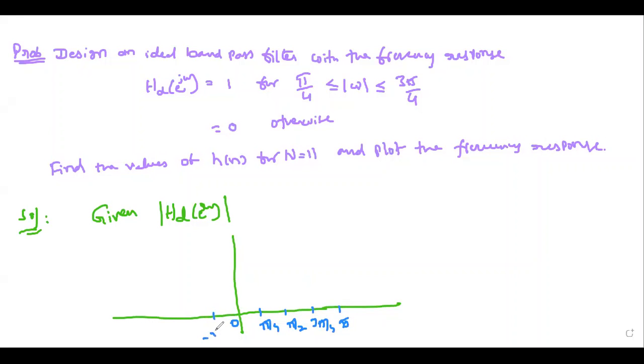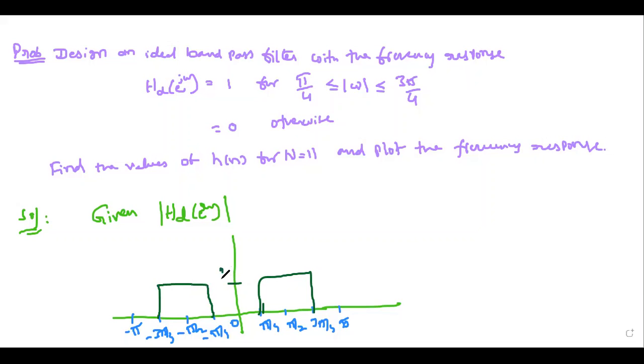And this side also it is minus pi by 4, minus pi by 2, minus 3 pi by 4 and minus pi. And this is equal to 1 during pi by 4 to 3 pi by 4, and in a similar way minus 3 pi by 4 to minus pi by 4.